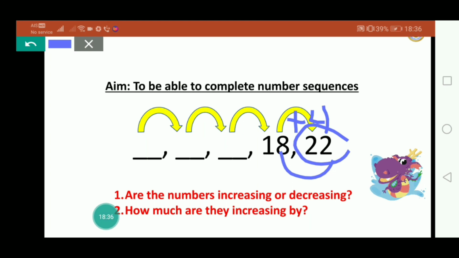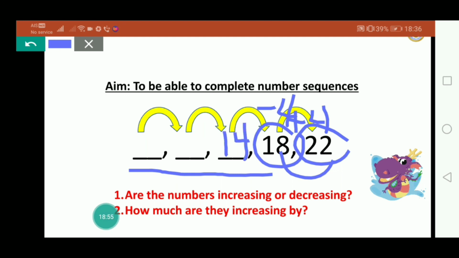But to get the answer, we are going to minus. So we are going to go back to the first number. That is why we're going to do minus. 18 minus 4 is equal to 14. Well done. 14 minus 4 is equal to 10. Very good. And 10 minus 4 is equal to 6. That is how you answer this number pattern.